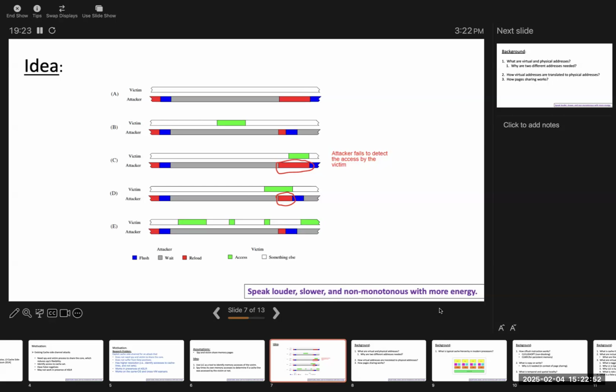Okay, this is the third scenario, where the attacker flushes, waits, and then when it tries to reload the data, at the same time the victim is also trying to access the same cache line, same address.